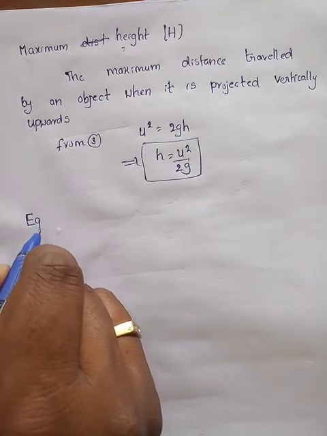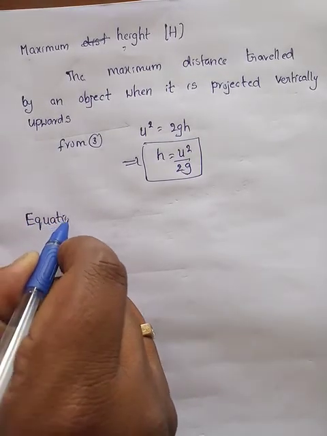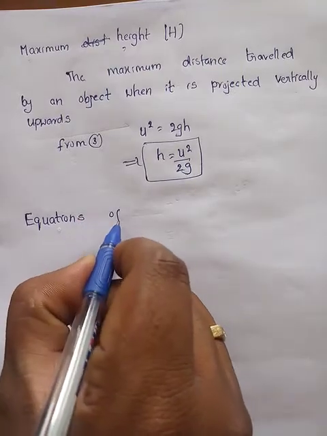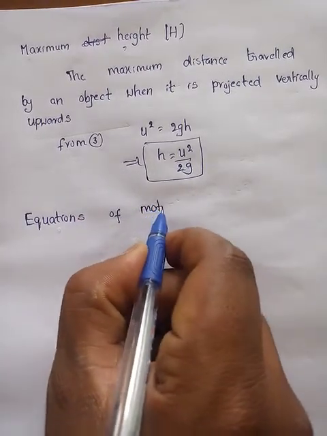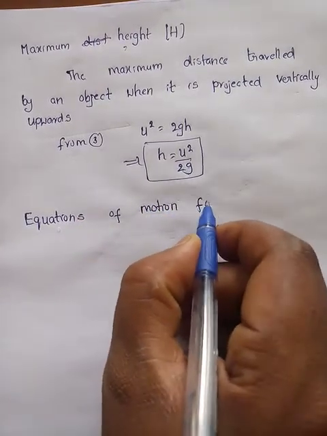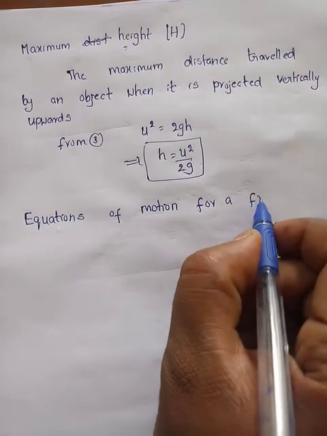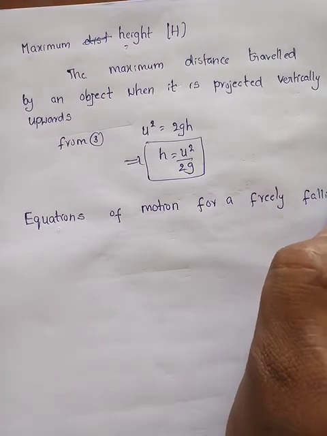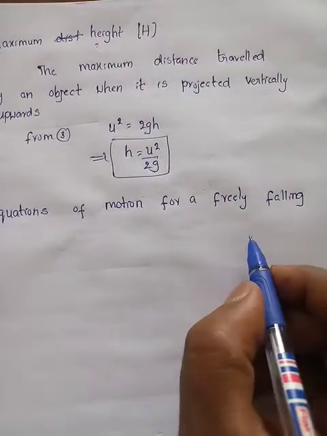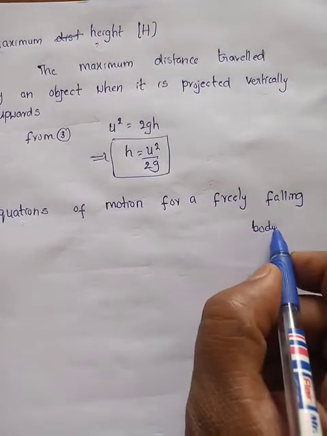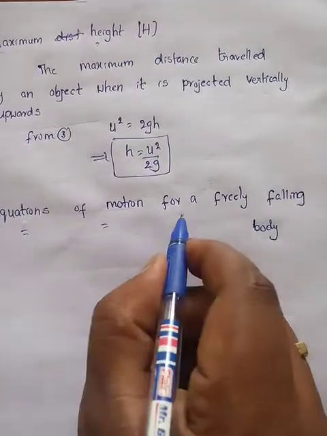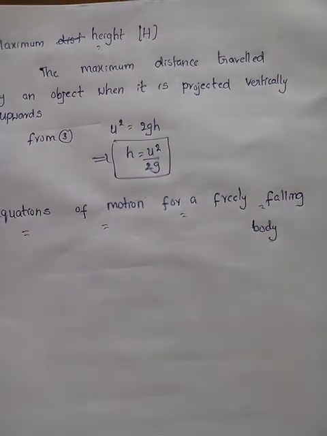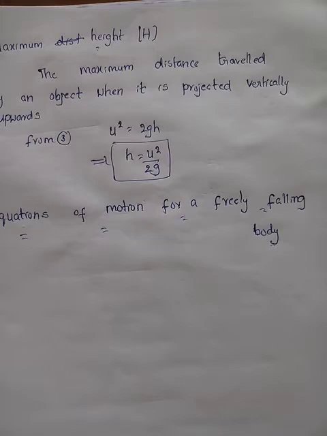Next, equations of motion for a freely falling body. For example, keep any object on the floor, the first floor, anywhere.